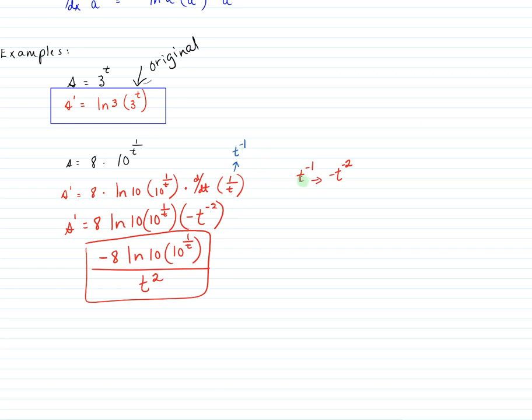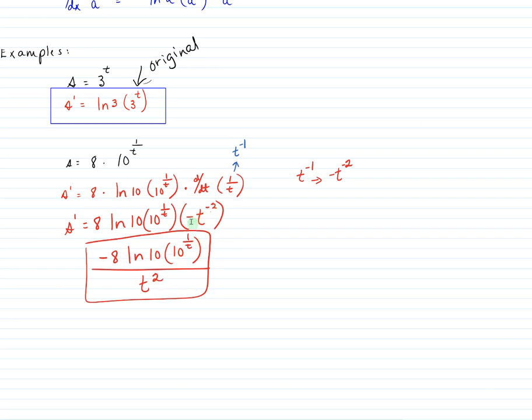All right, the derivative of t to the negative 1, the negative 1 comes to the front. That now drops to negative 2. So here's my derivative of this exponent. So again, I've got 8 ln 10, the original 10 to the 1 over t, times the derivative of that exponent, which is negative t to the negative 2.